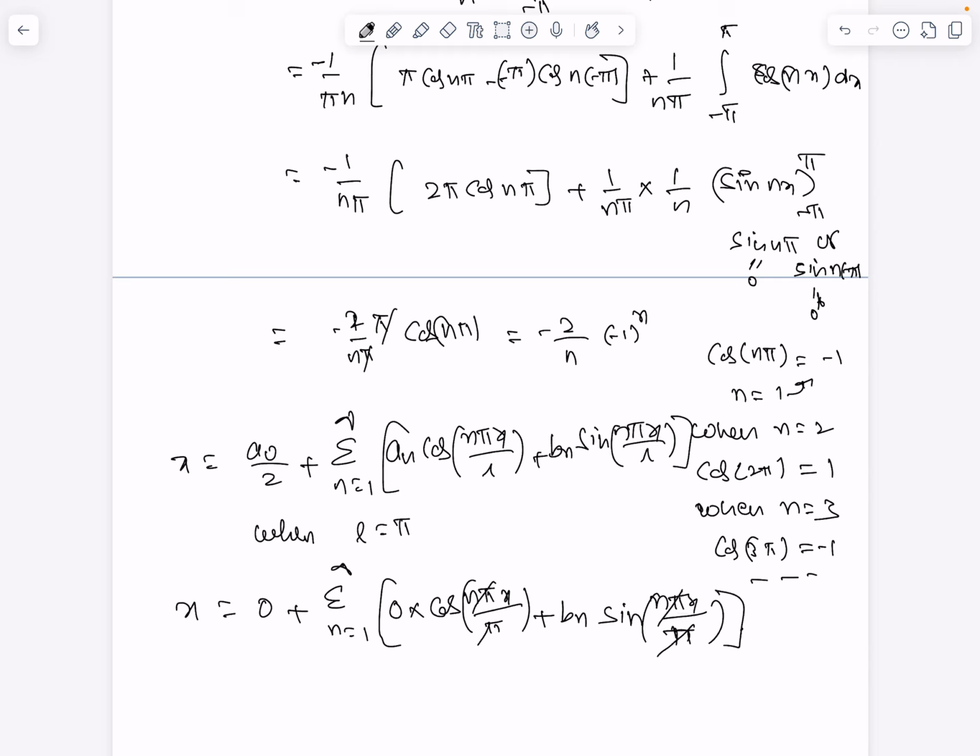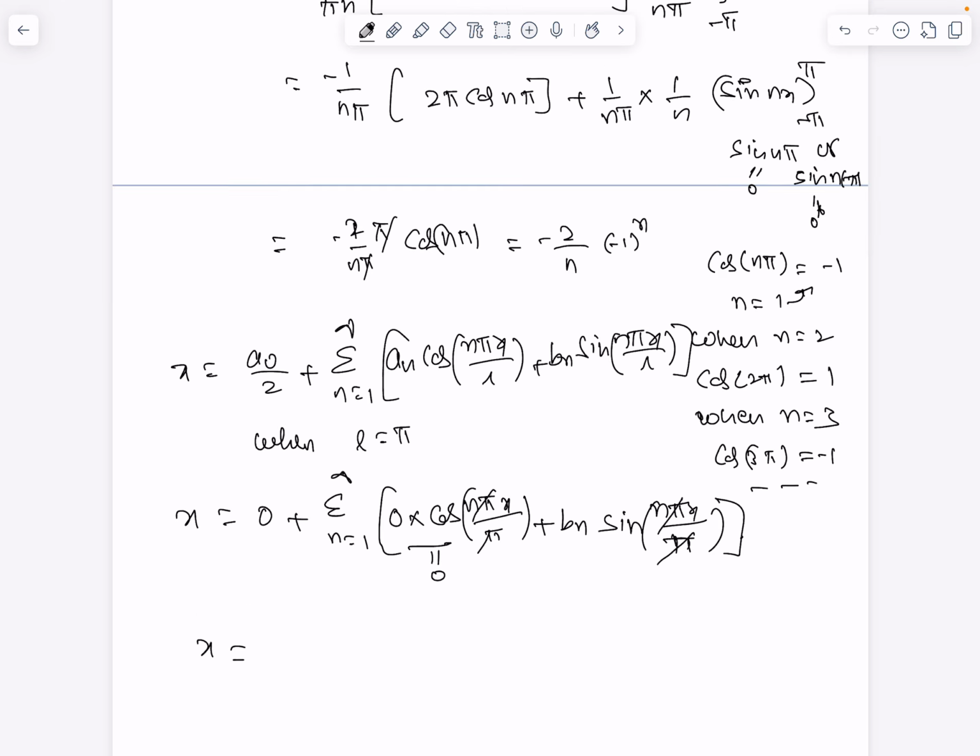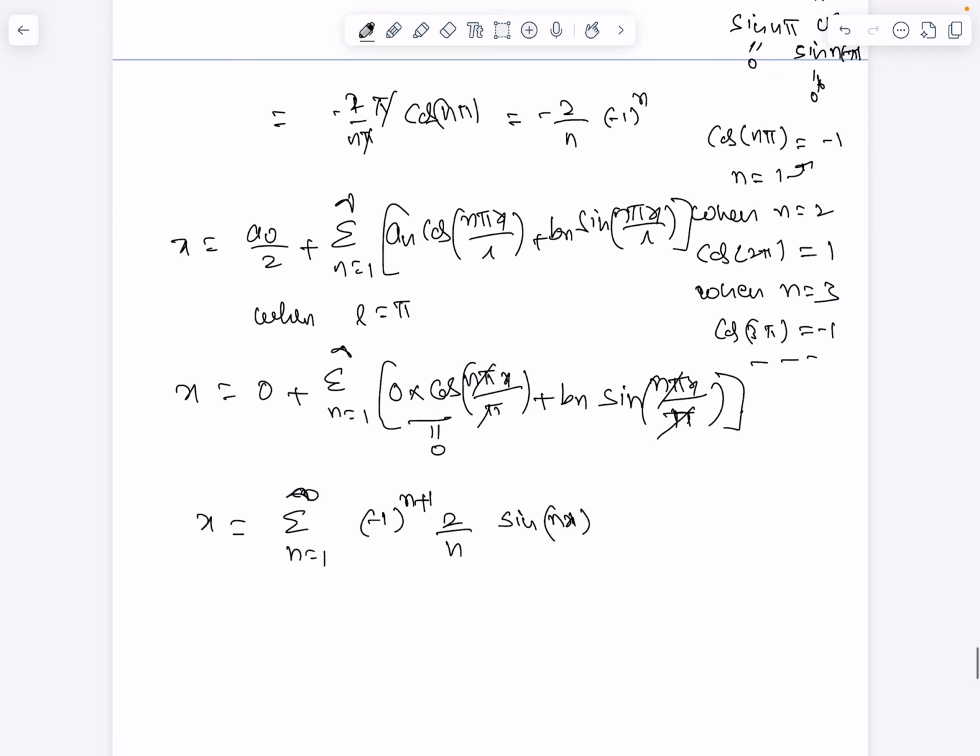Pi cancels. Therefore the Fourier series of x is equal to summation n is equal to 1 to infinity b n sin nx, where b n is minus 1 whole power n plus 1 times 2 by n. That's it. This is the Fourier series expansion of f of x equal to x.